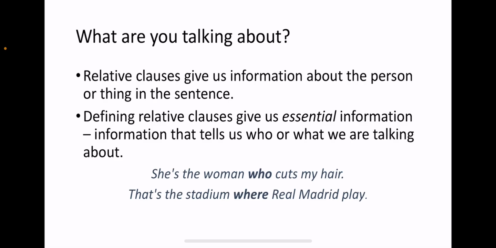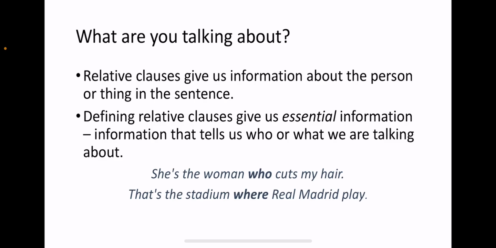Now, what is a relative clause, or how can we include more information in a description in English when we use the present simple? We can do that using a relative clause, and a relative clause is a part of the sentence that gives us more important information about the person or the thing or the subject that we are talking about in the sentence.